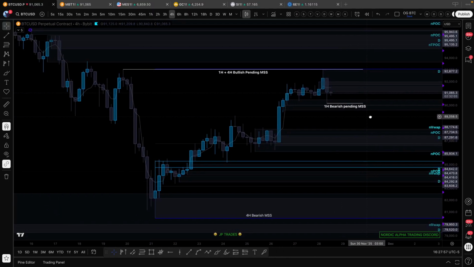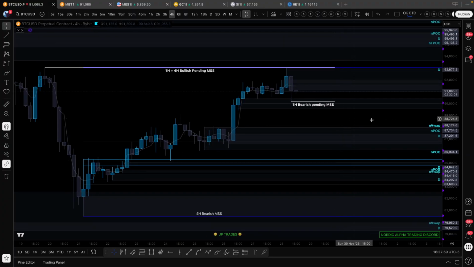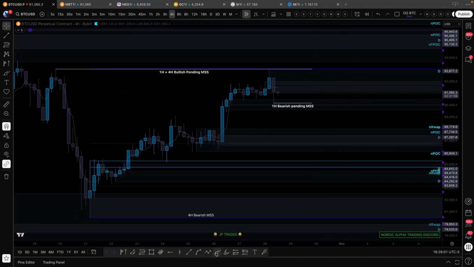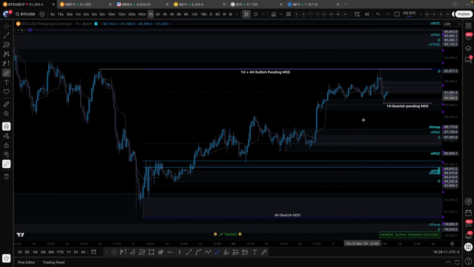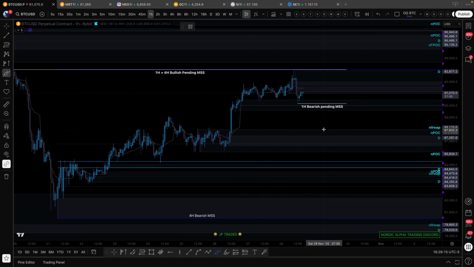So let's go over those doodles once again. What this is meaning is I'm wanting to see market structure come into here. Let's do this a little cleaner on the 1 hour. What I'm drawing is market structure coming into our level, creating a market structure shift right here on this high.